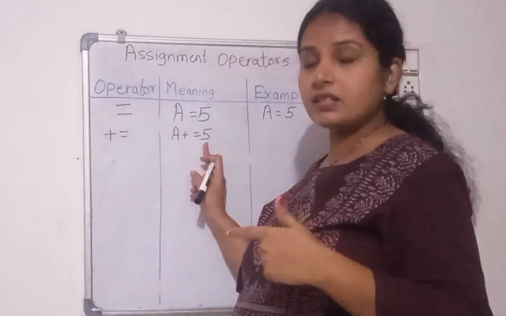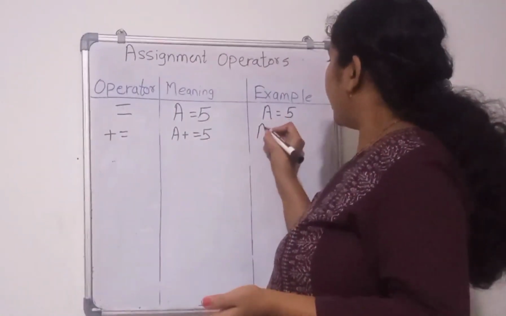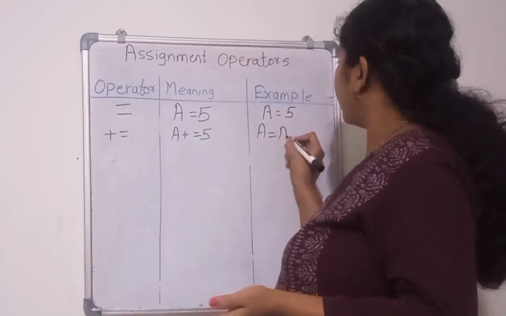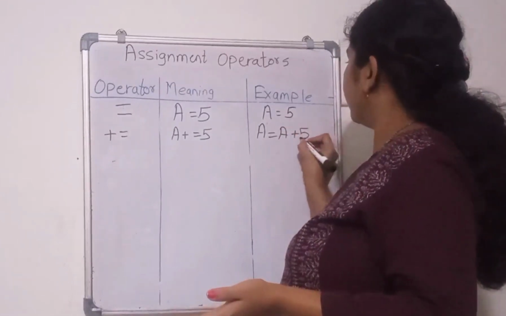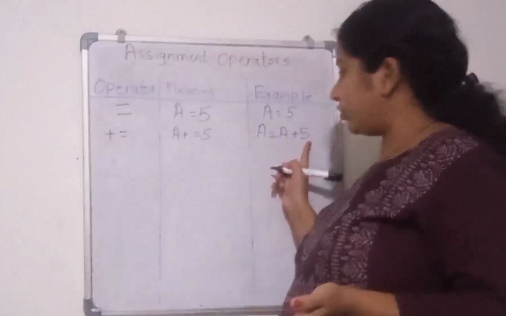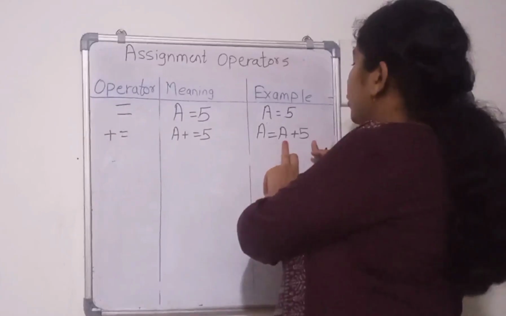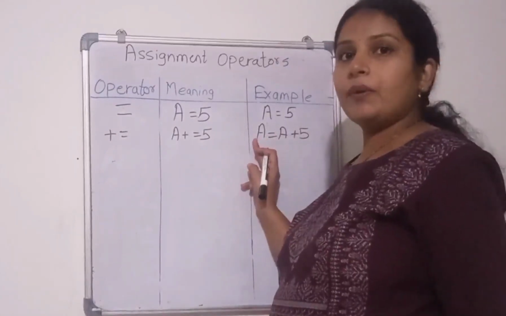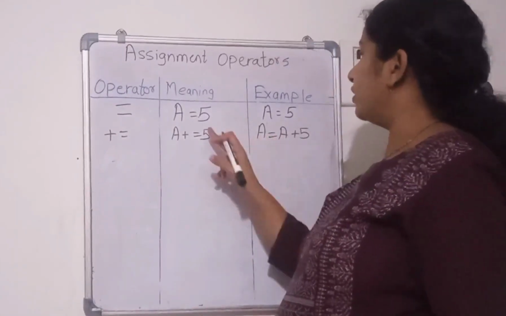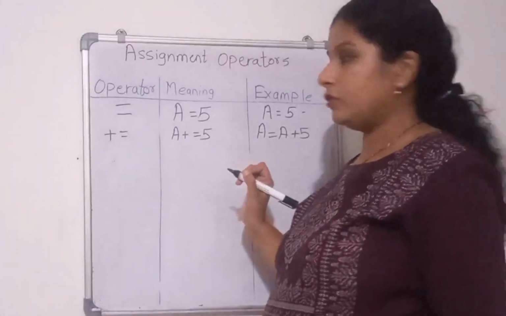What does this expression mean? Simply, the calculation will be a = a + 5. That means you are performing the addition operation using the addition arithmetic operator and then assigning this value to variable a. Suppose consider a = 5.